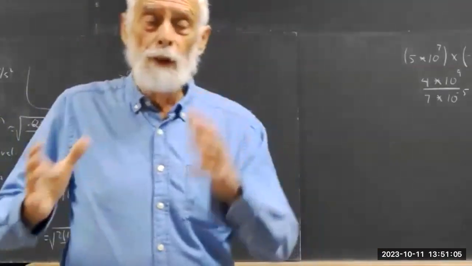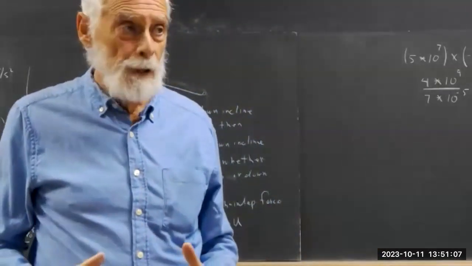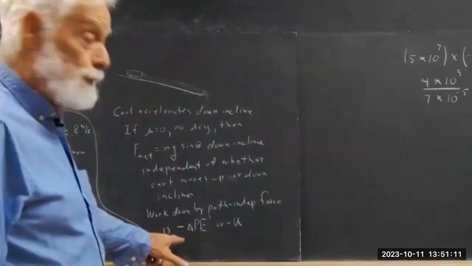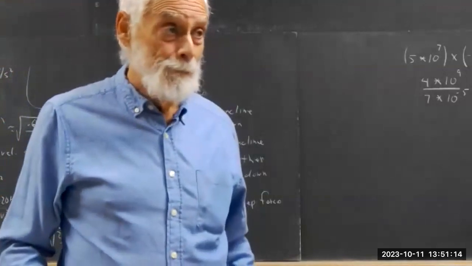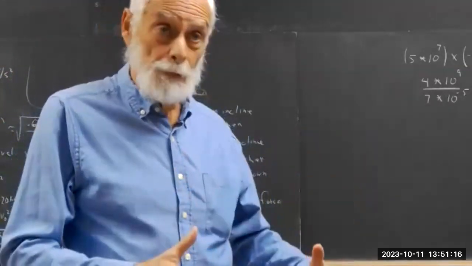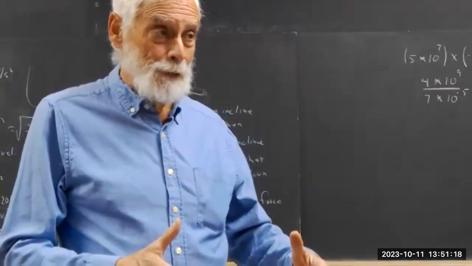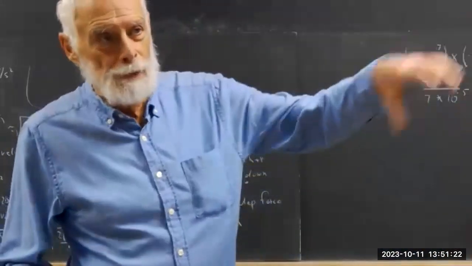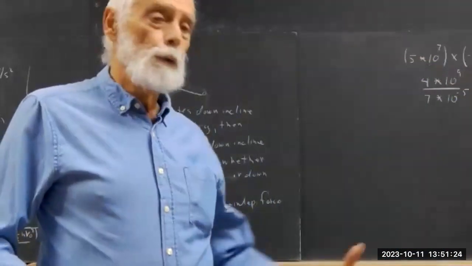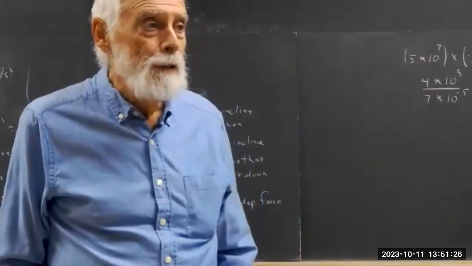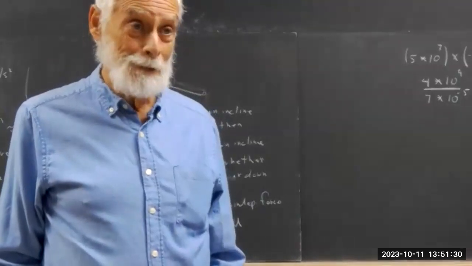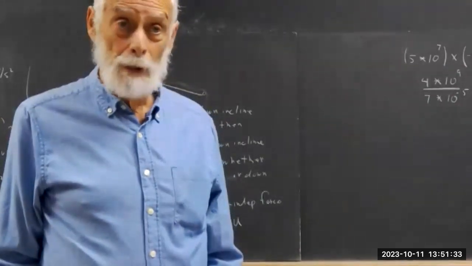So the work done by the net force becomes the work done by conservative forces, which is the negative change in potential energy, plus the work done by non-conservative forces. Okay, so the change in kinetic energy is equal to the negative change in potential energy plus the work done by non-conservative forces. Okay, and that takes a little digesting, more than 2 minutes worth.